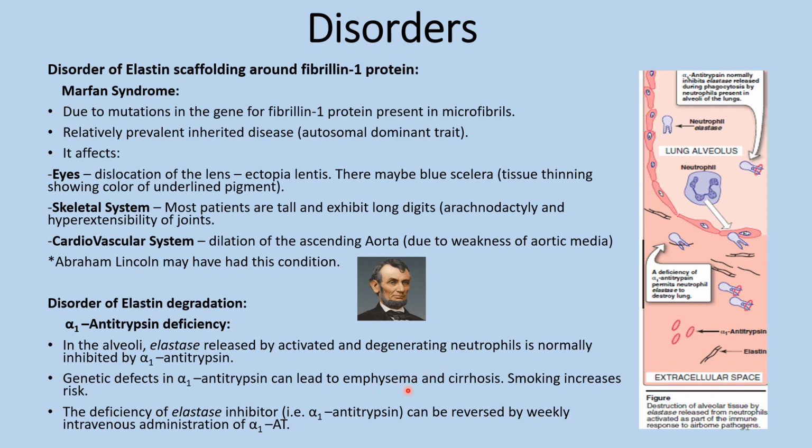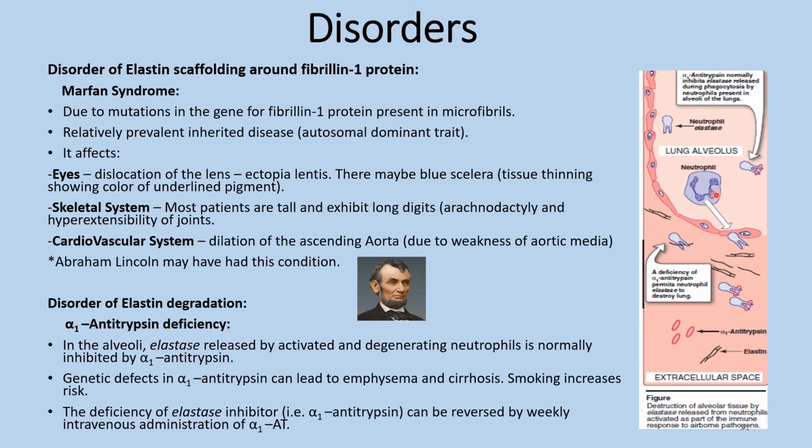And in a more complicated way, it can change the alveolar tissue into fibrous tissue, called cirrhosis of the lungs. So there could be emphysema, and later on it can be converted into cirrhosis due to genetic deficiency of alpha-1 antitrypsin, which is the inhibitor of elastase.